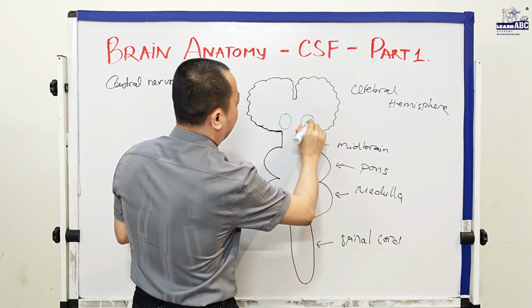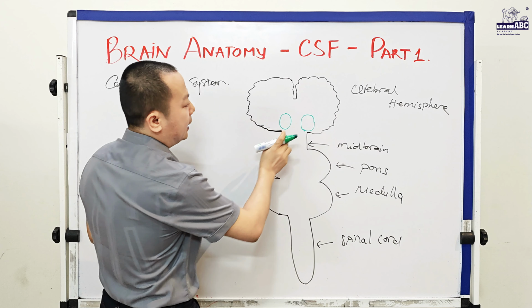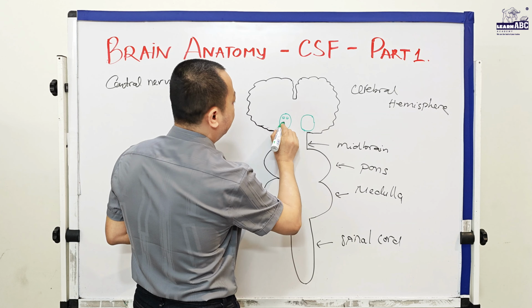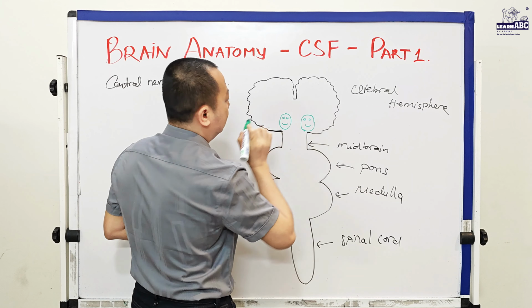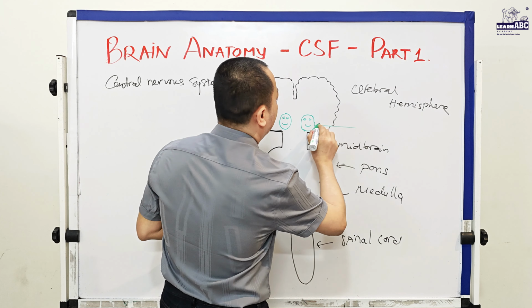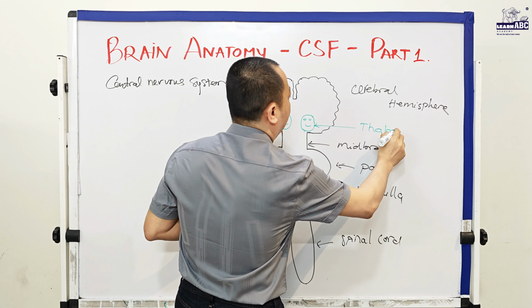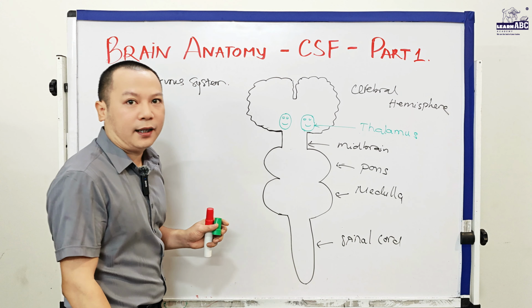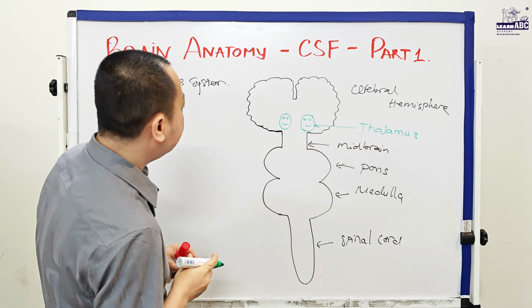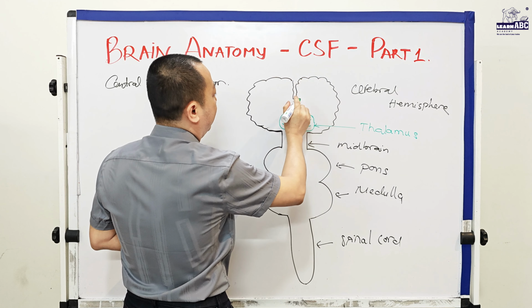This structure we call the thalamus. And from here, this is the left hemisphere and the right hemisphere.